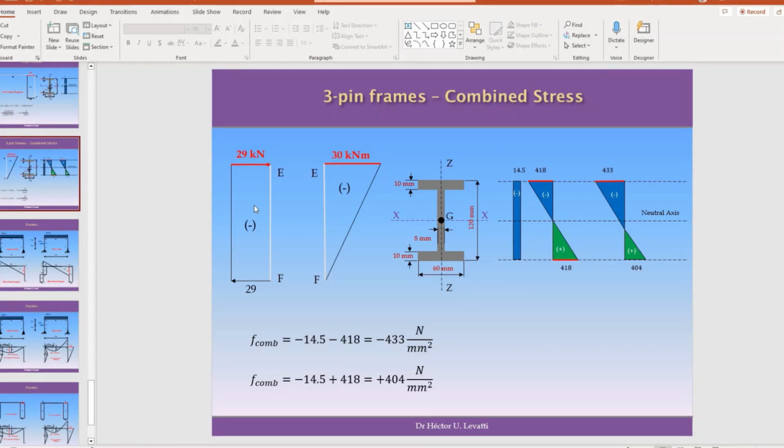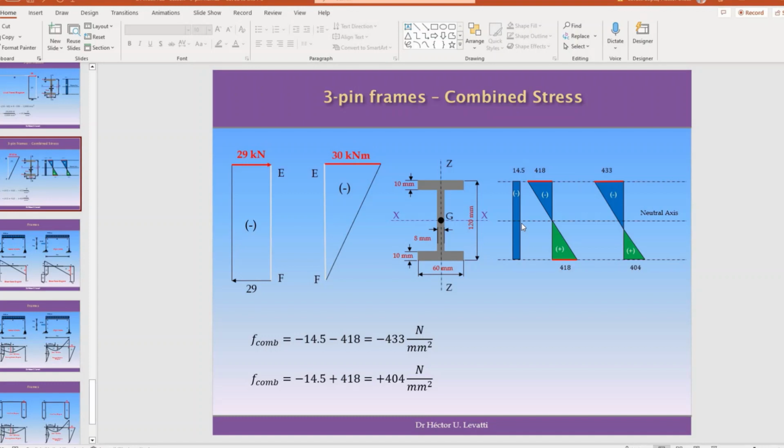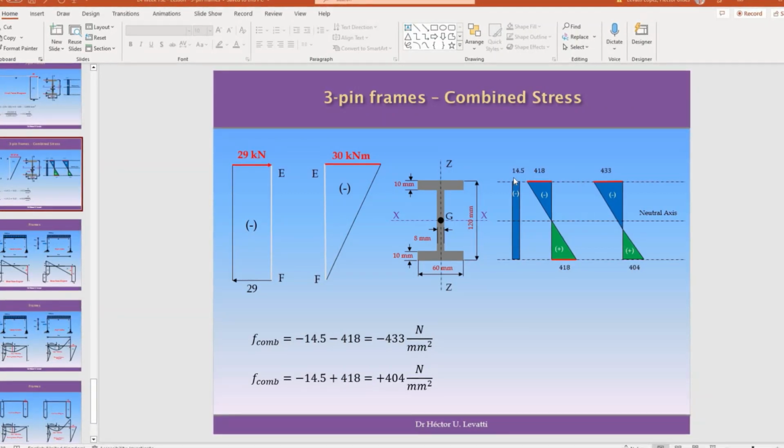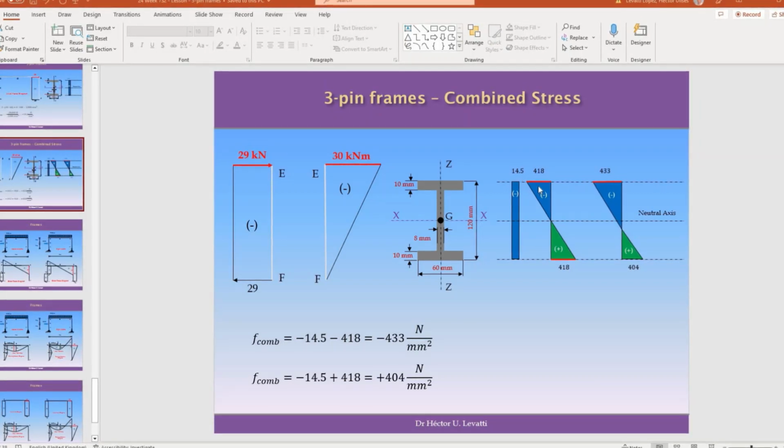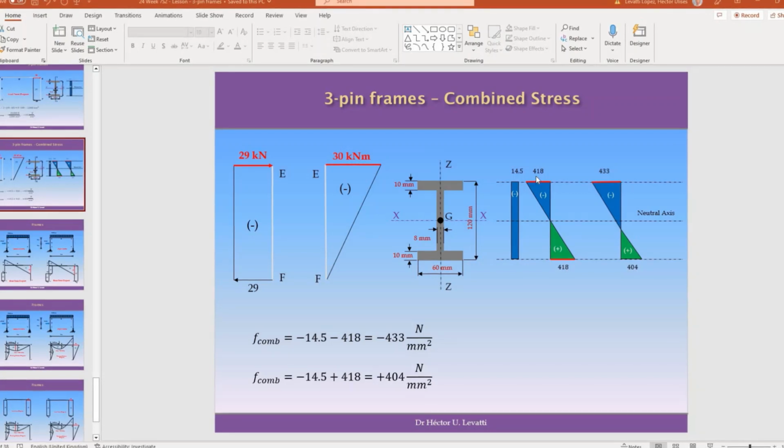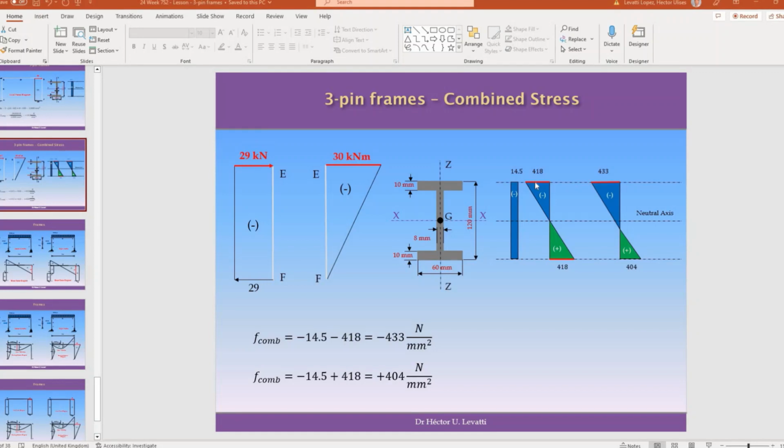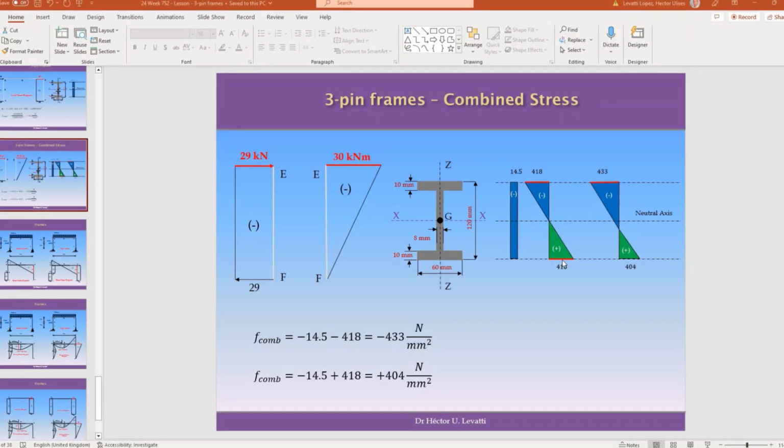So in terms of the stresses, these internal forces produce, at the point where these efforts are maximum, a compression of 14.5 Newton per square millimeter, and a linear distribution of bending stresses with a maximum of 418 in compression on one side and 418 in tension on the other side.